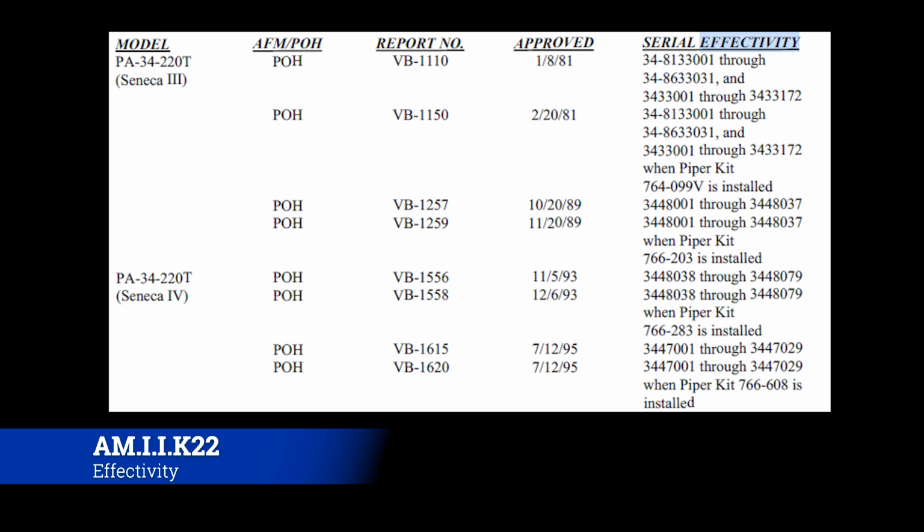I ordered it. It's like $1.75, and we installed it. No big deal. But even on an old general aviation airplane, there's still a lot of effectivity that has to be considered because of all the different iterations of Piper Cherokees that are out there. So it's something to keep in mind with effectivity.